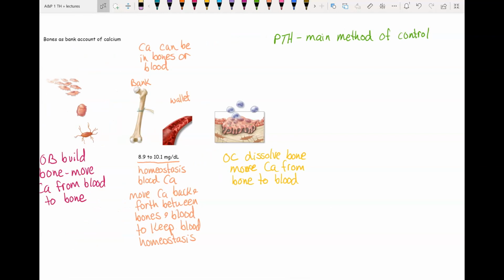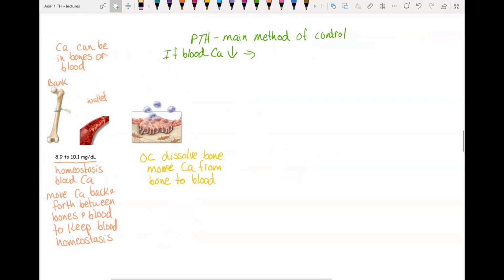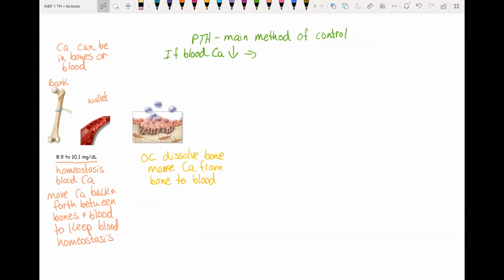So if your blood calcium is low, then you will have more PTH. The lower your blood calcium, the more PTH you need. That extra PTH will stimulate your osteoclasts to dissolve more bone.